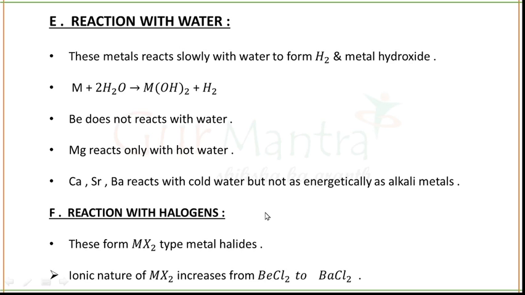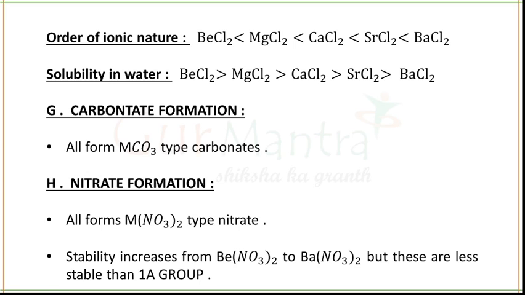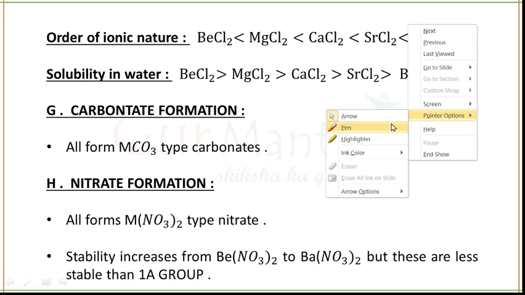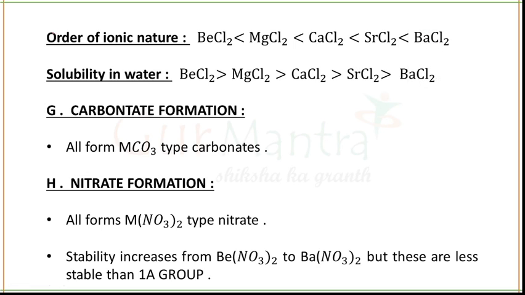And the order of ionic nature of metal halides of group 2 elements is like this: from BeCl2 to BaCl2, the ionic nature of metal halides always increases, while the solubility of metal halides in water decreases from BeCl2 to BaCl2. These two are the most important points. You have to learn these two points.